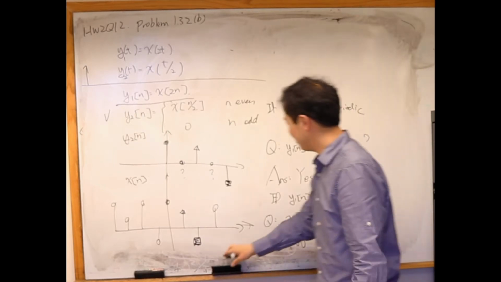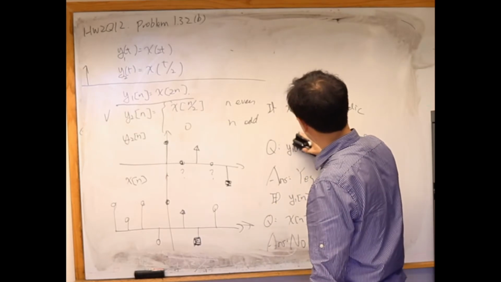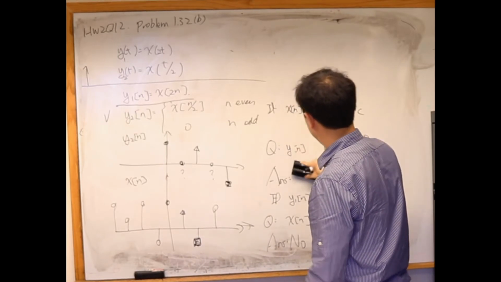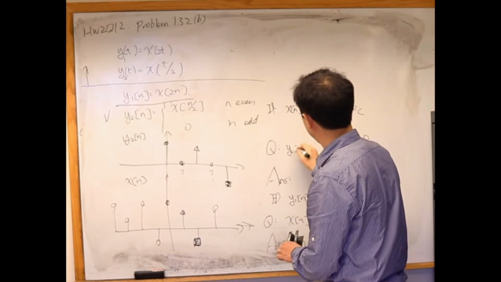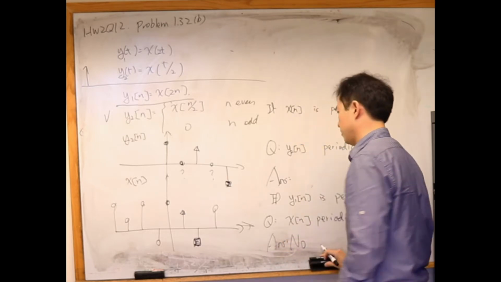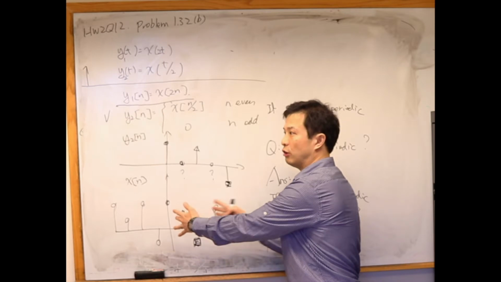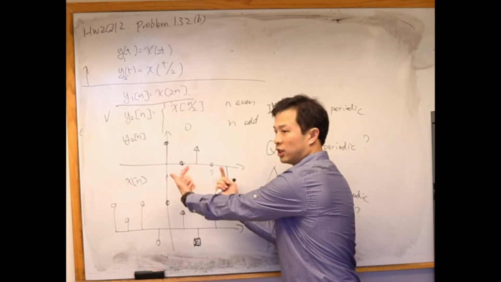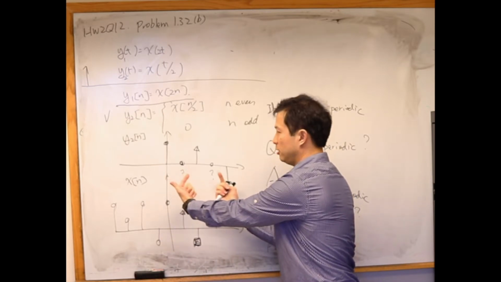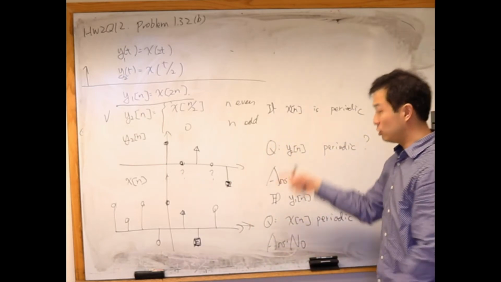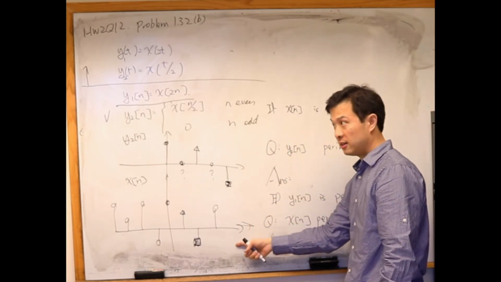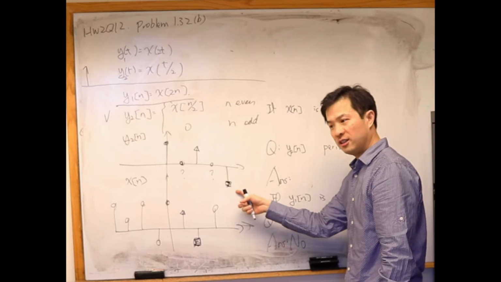Let's now answer the same question. If x[n] is periodic, the question is whether y2[n] is periodic. The operation is stretching it, inserting zeros in the odd positions. If originally this is periodic, is this one periodic?